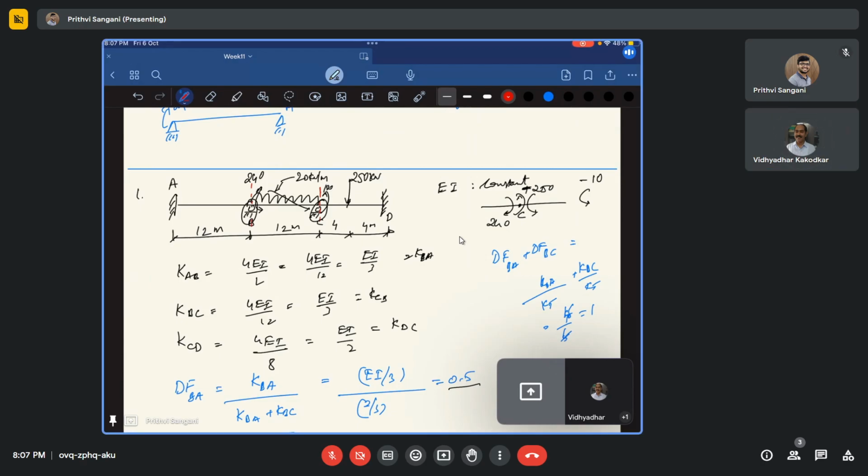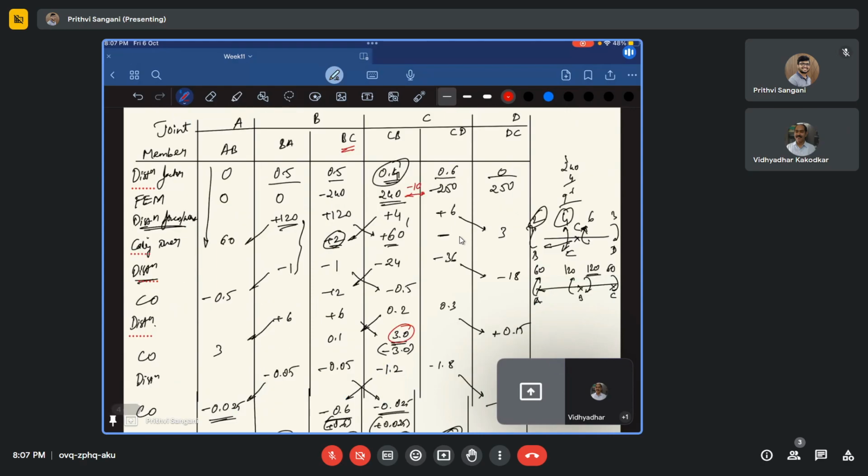Okay. So that is the reason why, if you see here, you can appreciate this. You have CB and CD. Because of fixed end moments, CB is giving me a moment of plus 240 kilonewton meter, whereas CD is giving me a moment of minus 250 kilonewton meter.